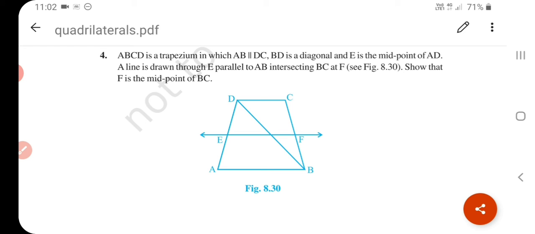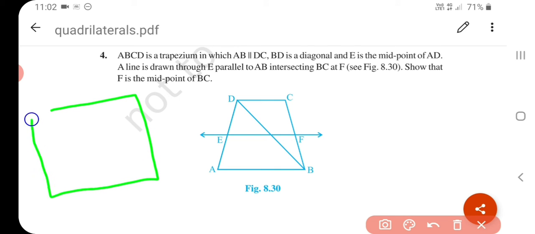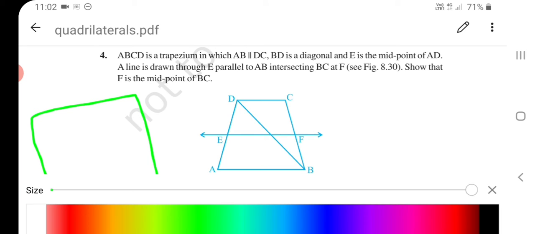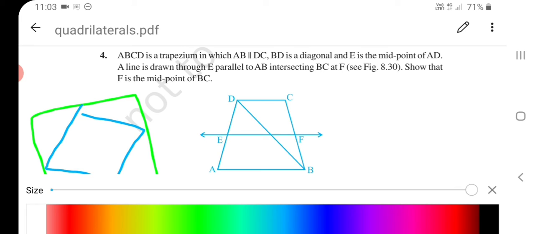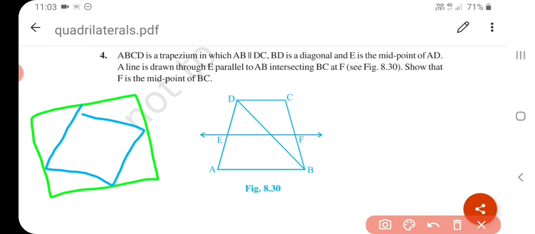Let's see, this is our ABCD, this is our PQRS, and let's draw two diagonals.